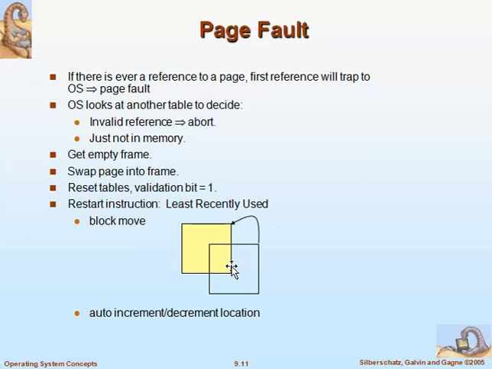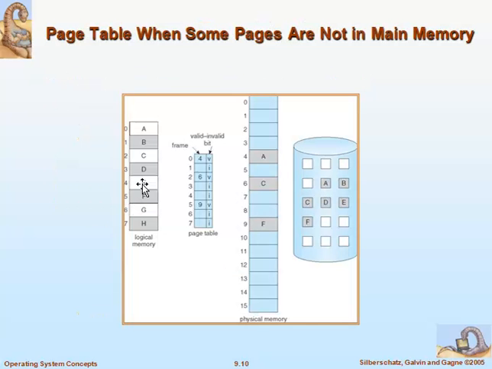Okay, what is a page fault? In the previous discussion we talked about how, whenever we have a page request, that particular page is checked in the page table, and if it is invalid, there are two possibilities. One is that the address reference is invalid, meaning a wrong memory access, or that the particular page is not available in the main memory.